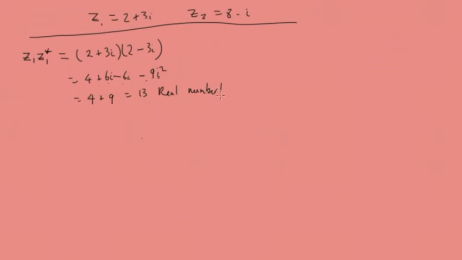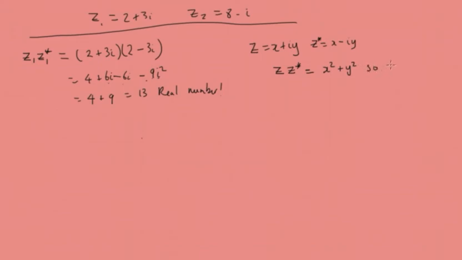And this leads to an interesting fact. So if we've got z equal x plus iy, and the conjugate is x minus iy, z times its complex conjugate will always lead to a real number, and it will be x squared plus y squared.